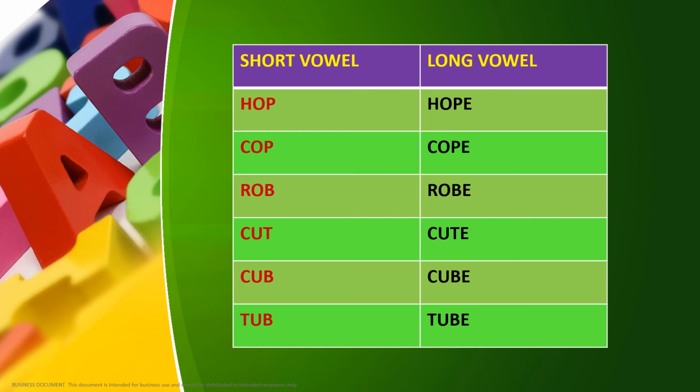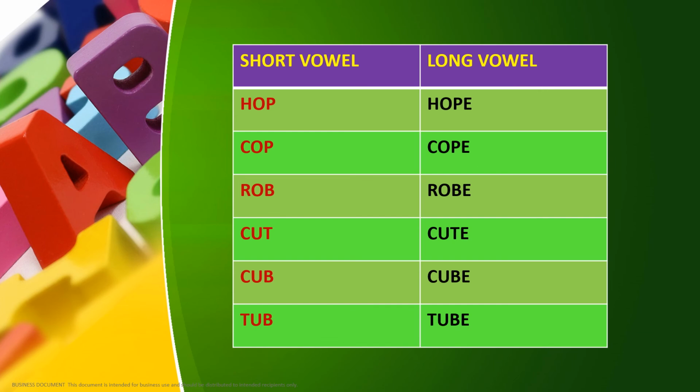Cop, cope. Rob, robe. Cut. Now cut is a short vowel word because U is sounding like a. Cut, a, cut. And when we add a silent E at the end of this cut, it becomes cute and U starts giving its own sound.